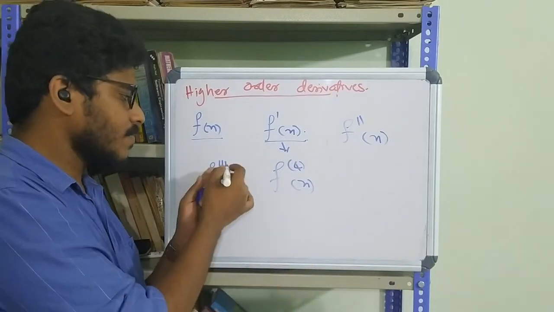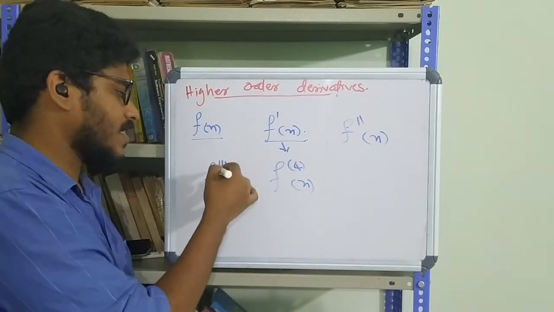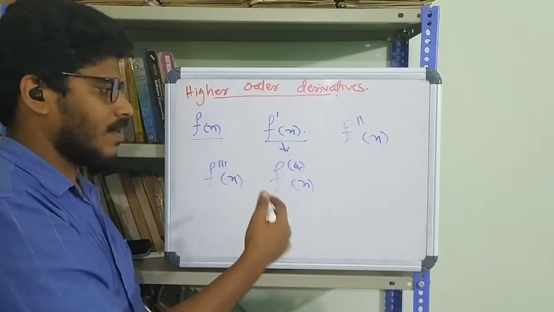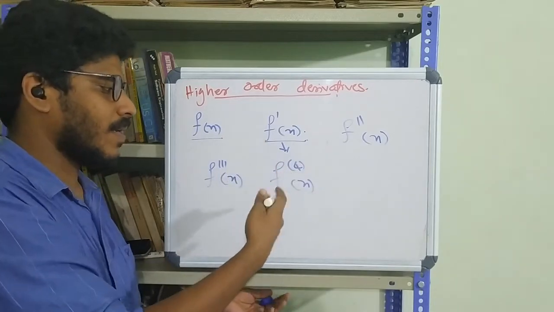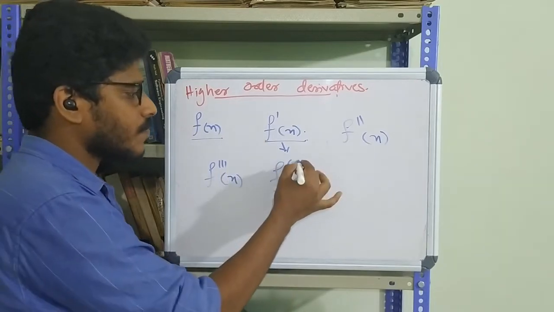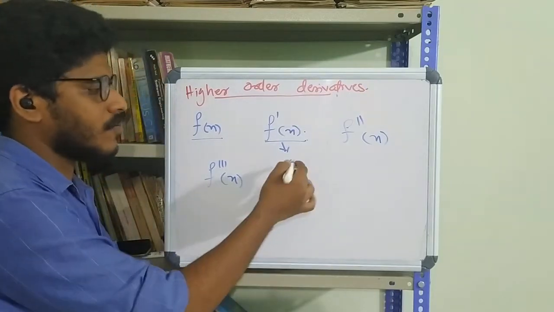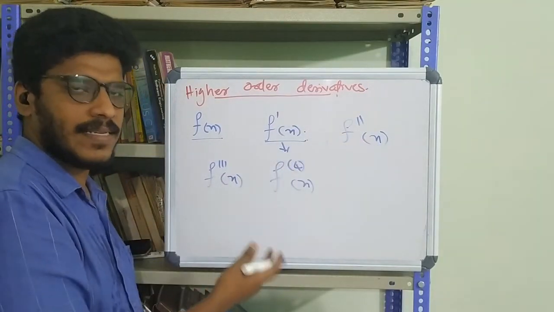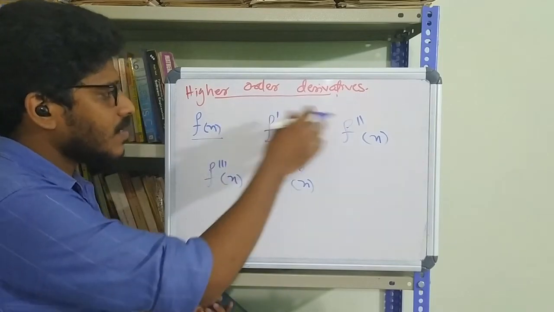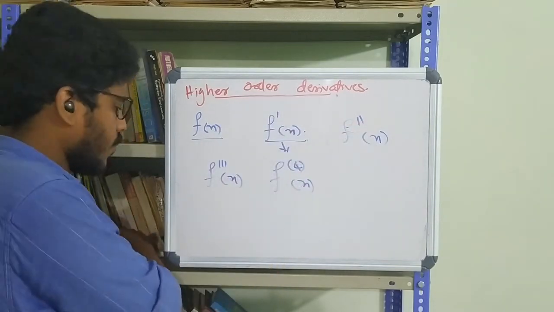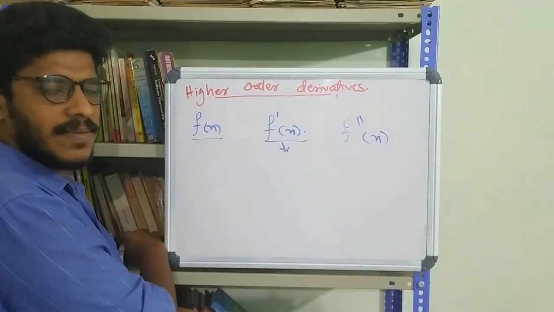It's a convention, as writing these dashes or primes a lot of times may be cumbersome. So to avoid that, we use numbers from fourth order onwards. That's a custom. And these can also be notated using the d by dx symbol.